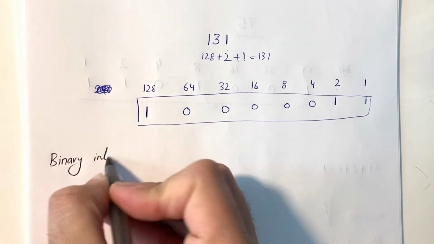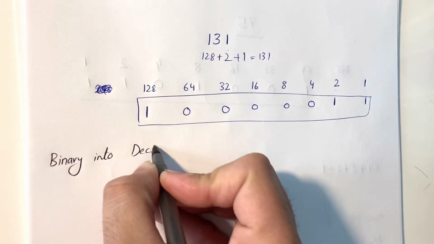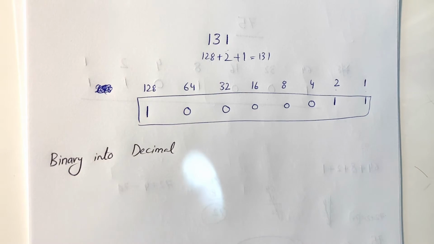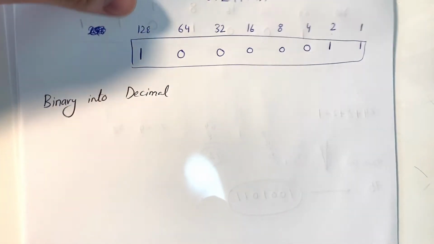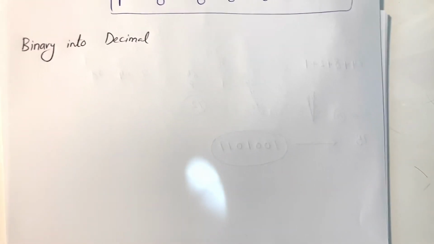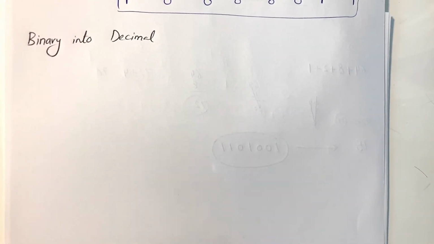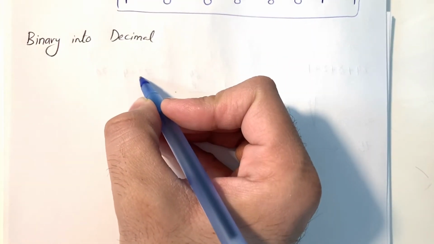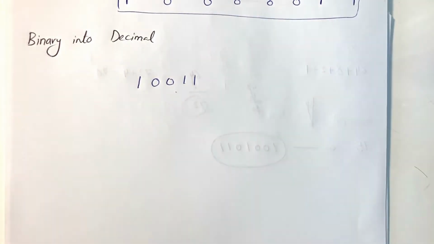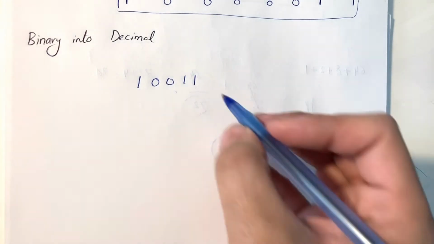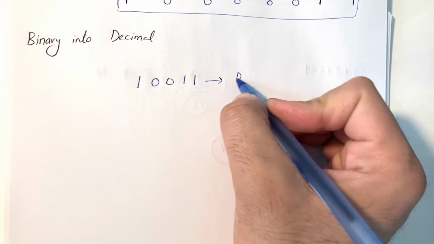You will be provided with a binary number, and you have to convert it into a decimal number. How can we do that? That's very simple again. Let's say the number that you have is 10011. The question is, convert this binary value into a decimal.